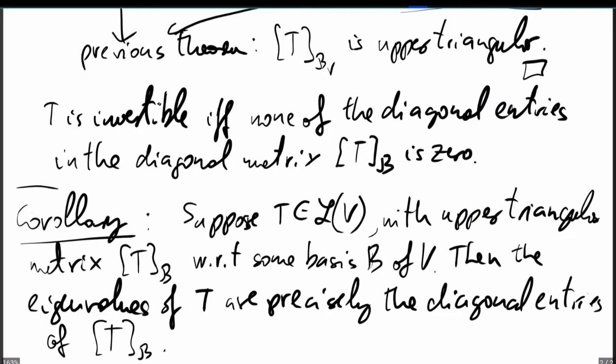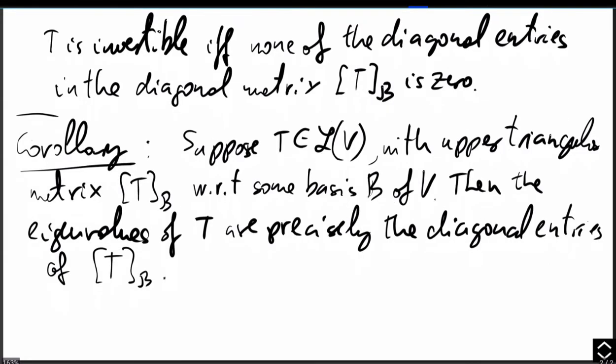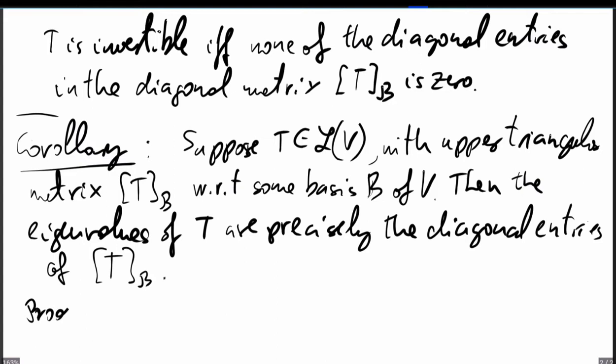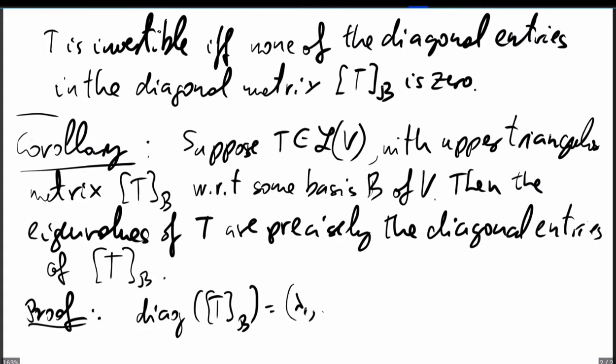In fact, we can also rearrange the eigenvalues so that they are ordered or grouped together if they are repeated. The proof of this corollary is based on this observation about invertibility. So let's assume that the diagonal entries of TB are lambda 1, ..., lambda n.